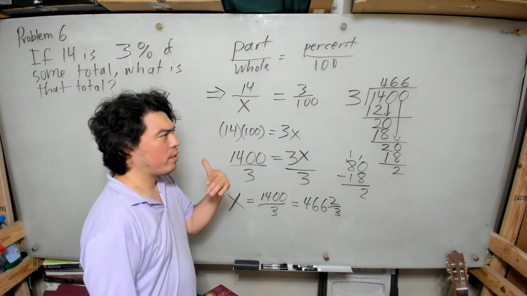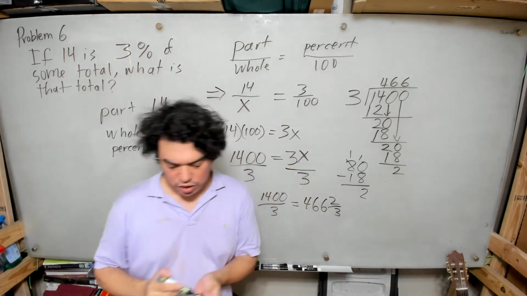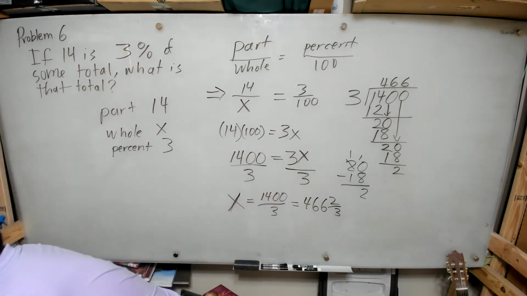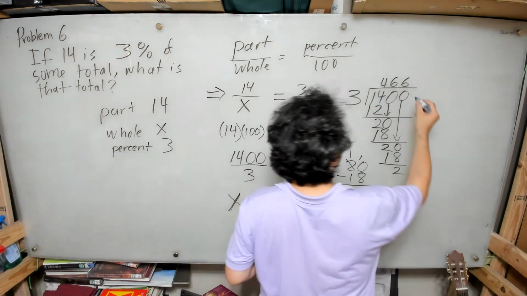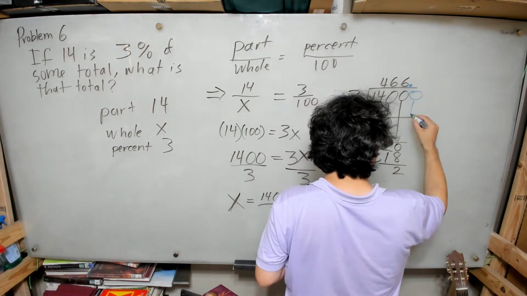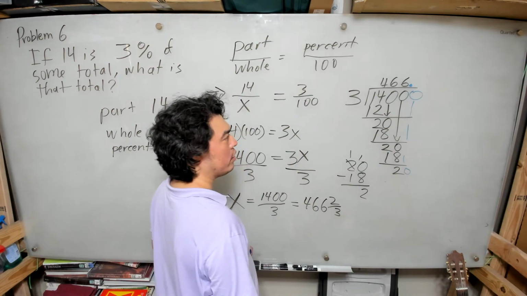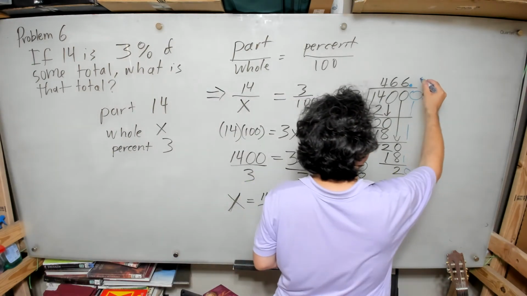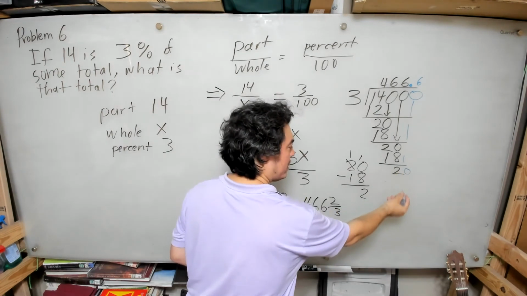But I could continue this, right? I'm going to change my color now. I'm going to put a decimal point here. I'm going to affix a 0, and I'm going to drop it here, and that becomes a 20. And then you can see that it's going to keep on going, right? It's going to be 6, 6 times 3 is 18, 20 minus 18 will be 2.